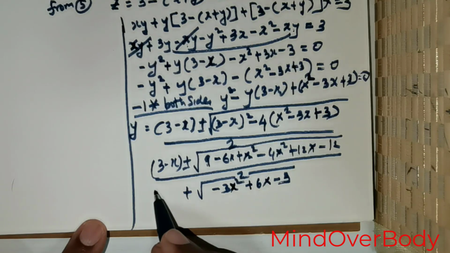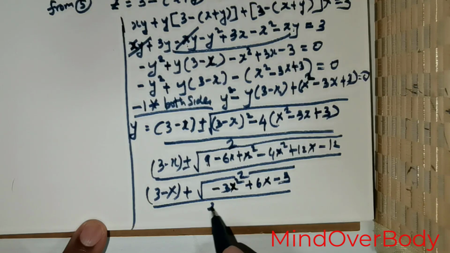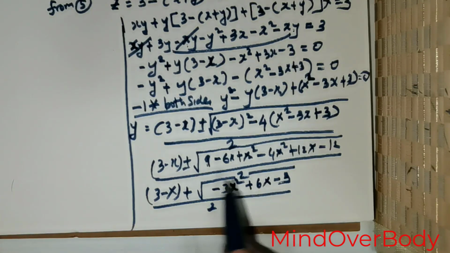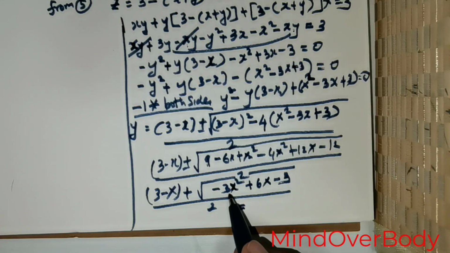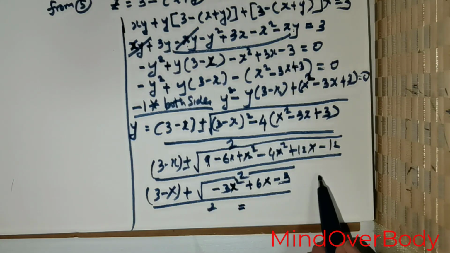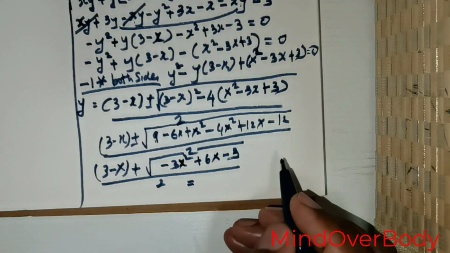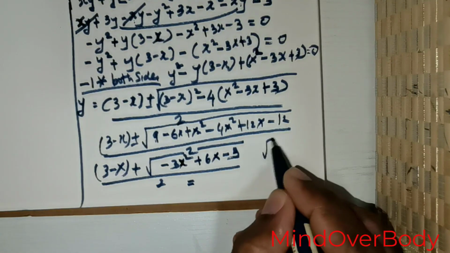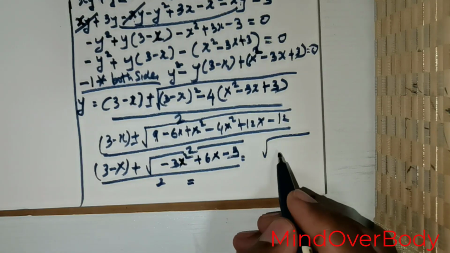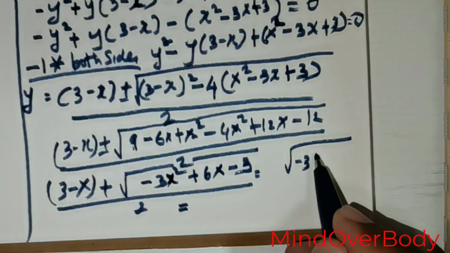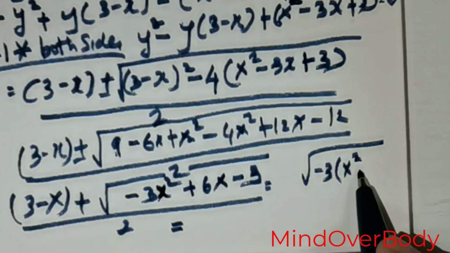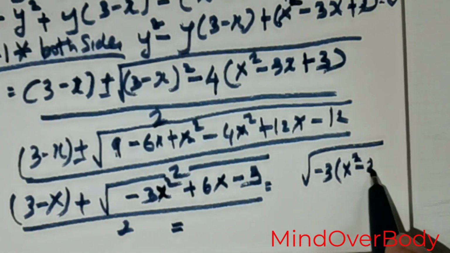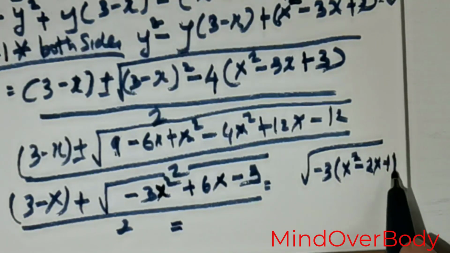Now let me just have 3 minus x here divided by 2. Now just make an observation of this. If I were to take negative 3 out, this is going to be x squared minus 2x plus 1, right?